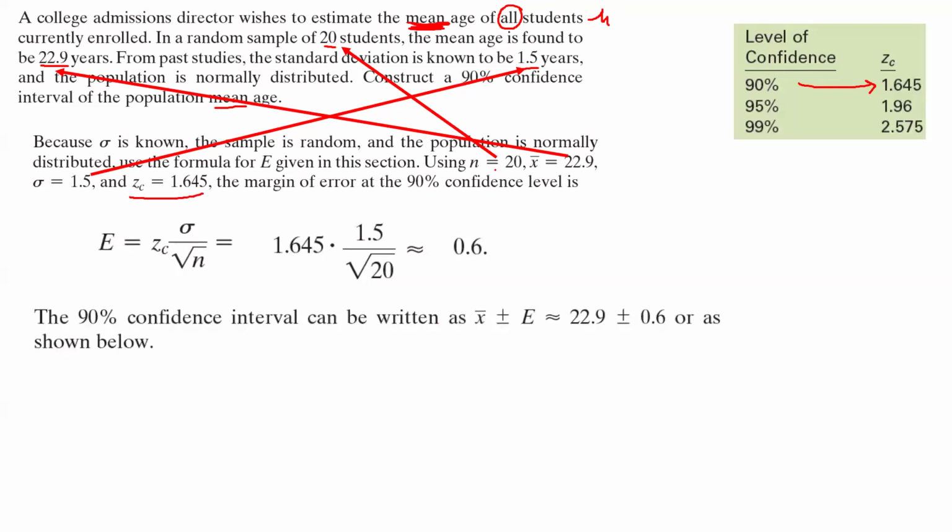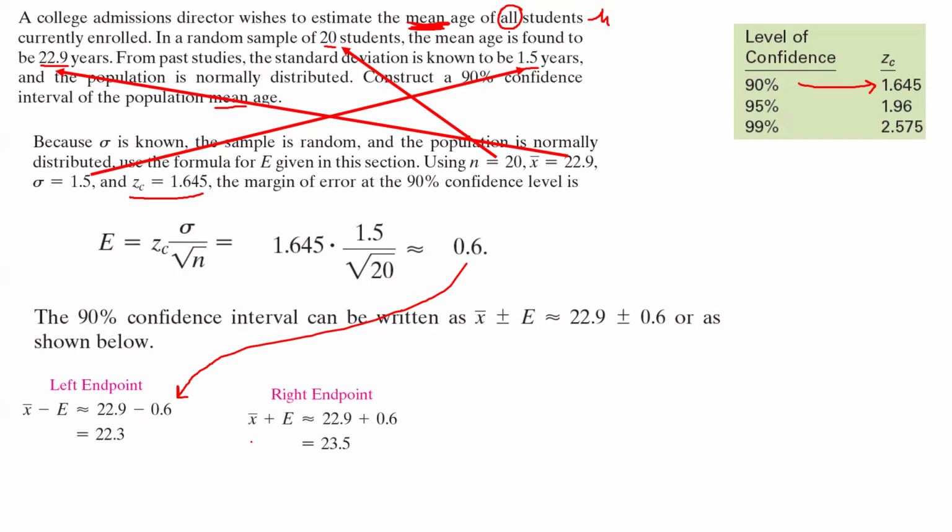The 90% confidence interval can be written as x bar minus e and x bar plus e. The left endpoint is x bar, which is the average age, 22.9, minus the distance which we calculated just right here, everybody, 0.6, which gives us 22.3.